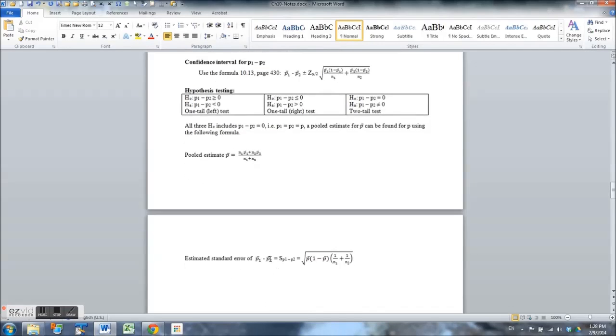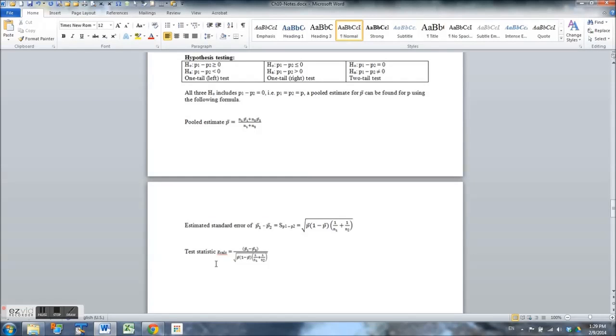And with the pooled estimate, then we can calculate the estimated standard error in this way. Okay, so there is a difference here. In the confidence interval, that is your standard error, whereas for hypothesis testing, the standard error is slightly different. We use the pooled estimate for the probability of success.